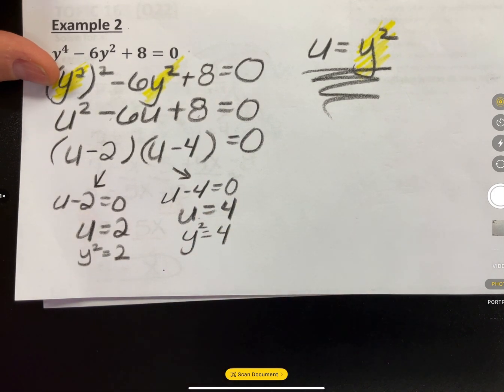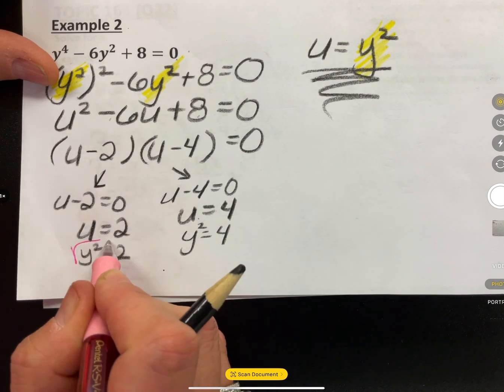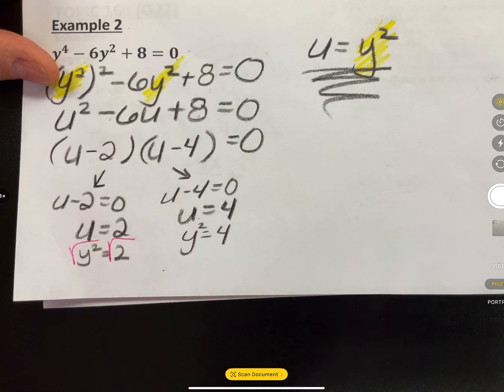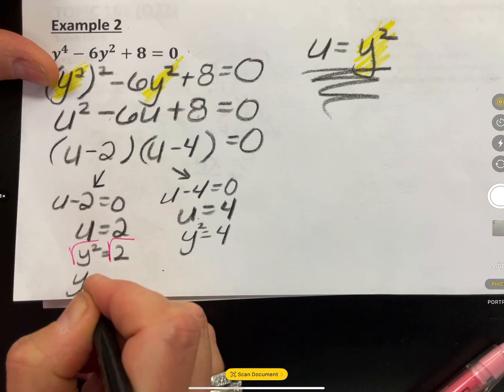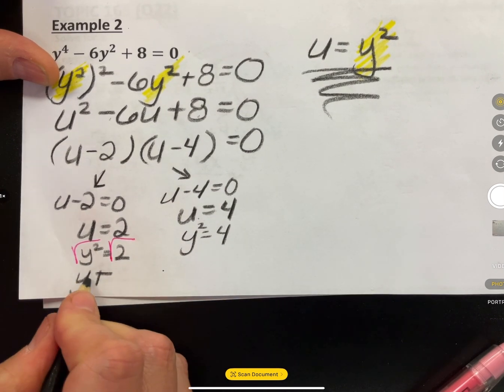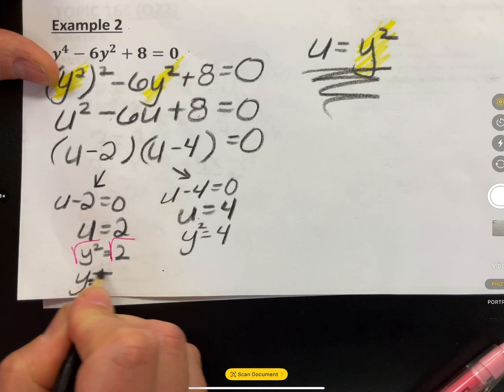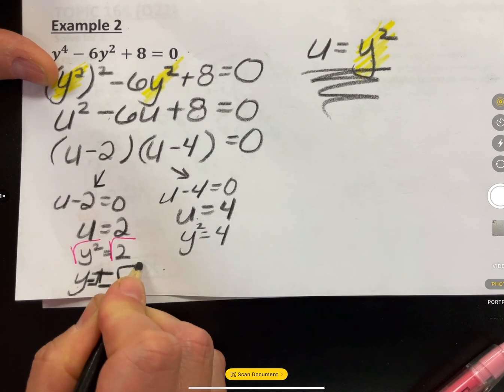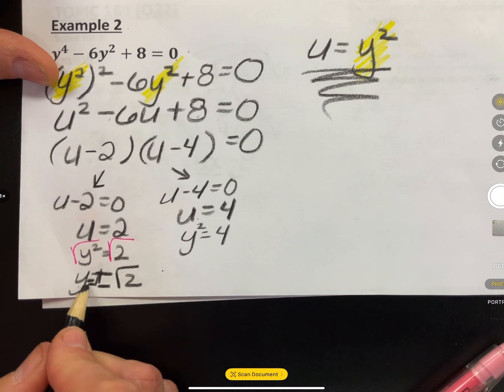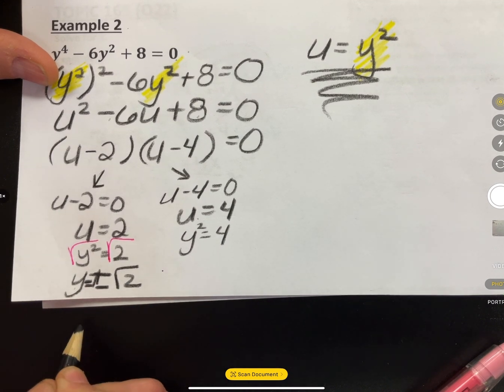Danger, right? If you're going to square root both sides, don't forget your answer is both positive and negative. So y equals plus and minus the square root of 2.